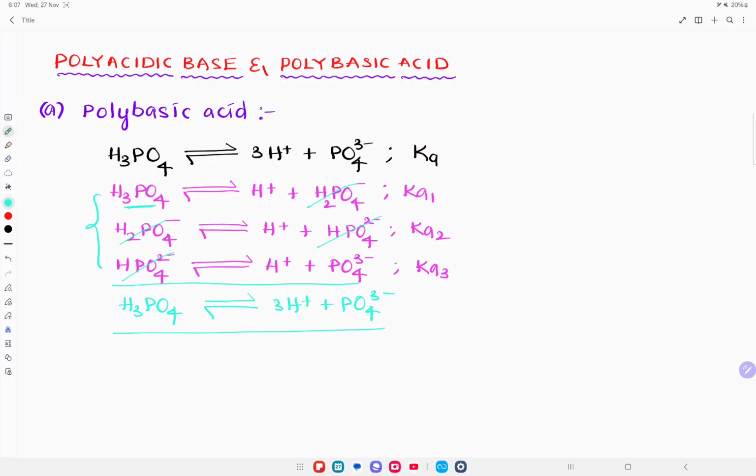Then Ka is equal to what? When equations are added, the acid dissociation constants should be multiplied. Ka is equal to Ka1 into Ka2 into Ka3.